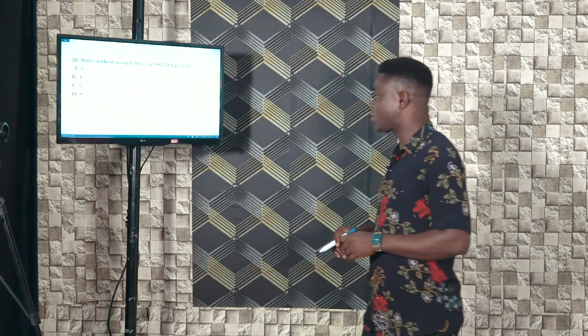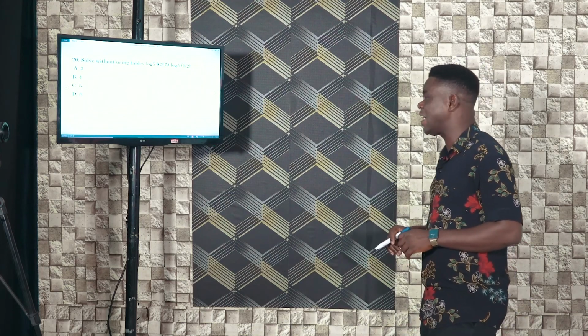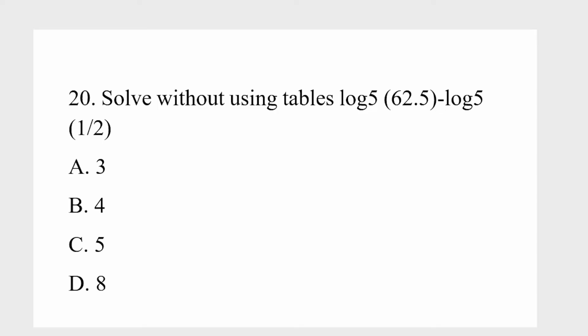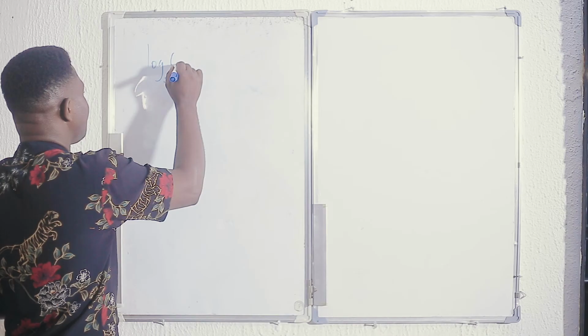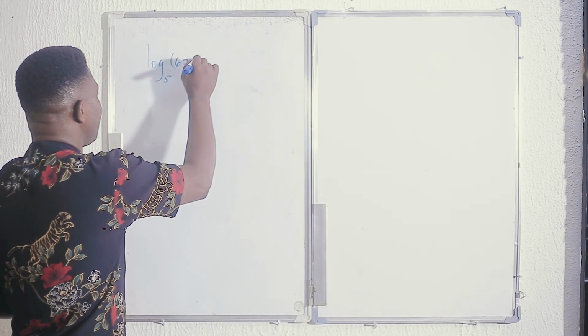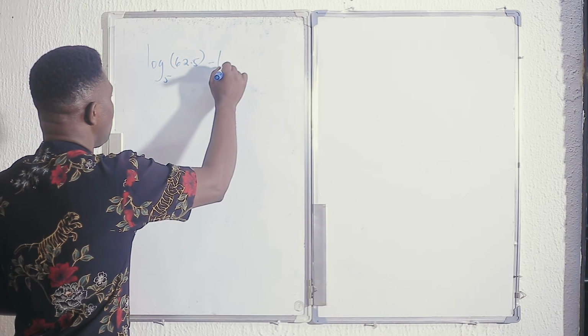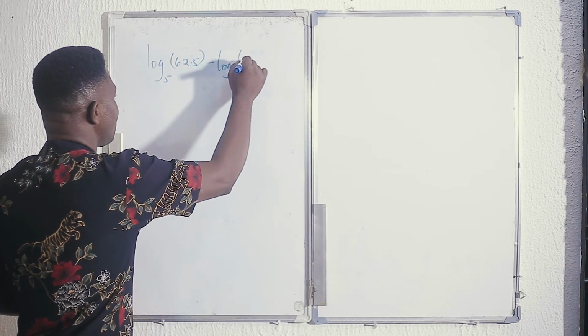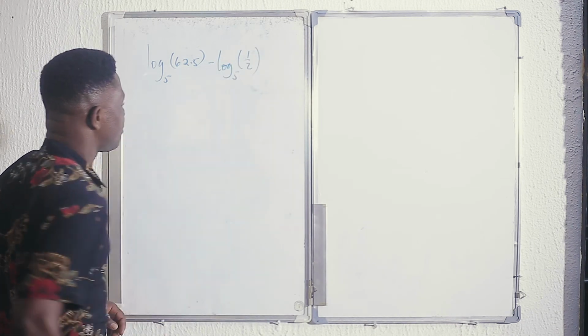Question 20. Solve without using table: log base 5 of 62.5 minus log base 5 of 1 over 2. Okay, so we'll just write that out. Log base 5 of 62.5 minus log base 5 of 1 over 2.